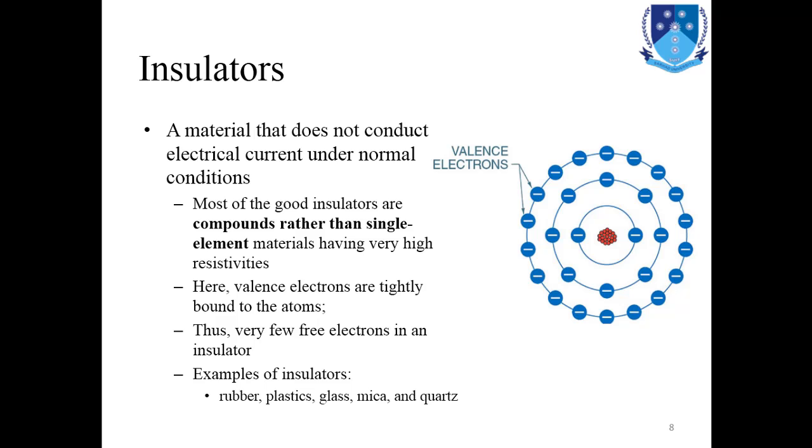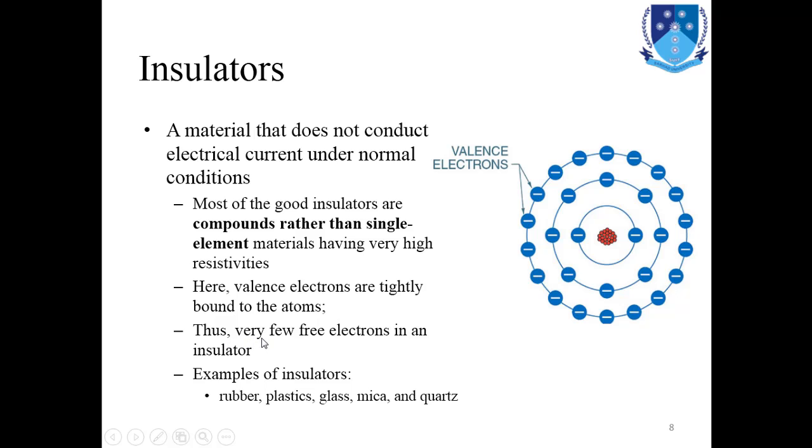Here the valence electrons are tightly bound to the atoms, because the valence shells in insulator materials are almost filled, so the valence electrons are very tightly bound to the atoms.